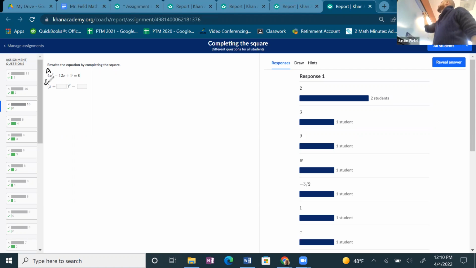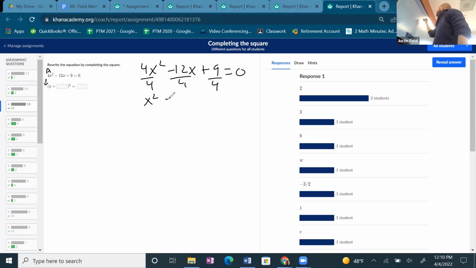All right? So let's do it. You guys ready? I'm ready. Let's divide everything by 4. Divide that a term out, and then you get 3x, and then we get the 9/4. Now we're going to isolate the c term.